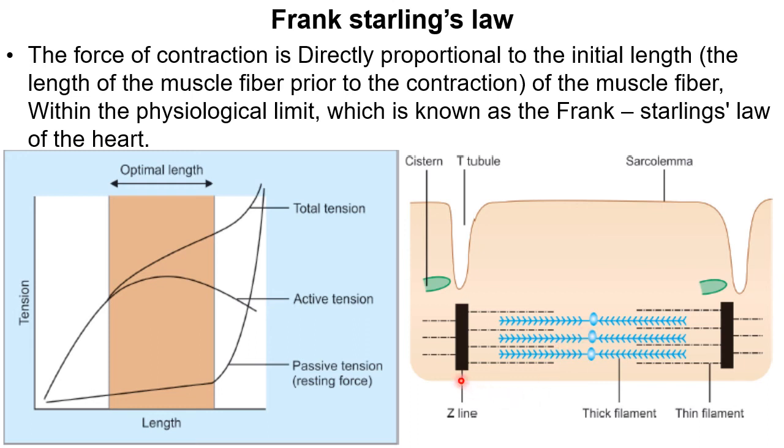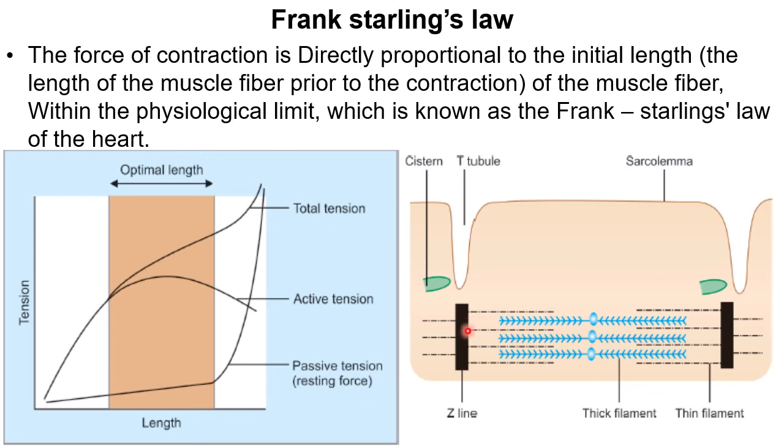Now if the distance between the two Z lines is increased, suppose this blue structure is brought to this level, then what would happen? There is a chance of better interaction between this blue structure and the black structure, which would slide over from this point to this point.